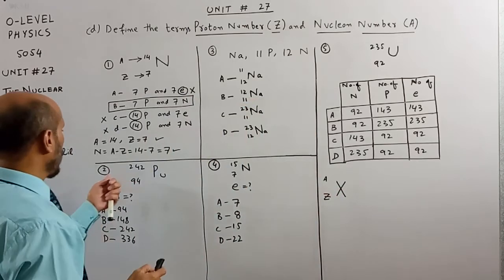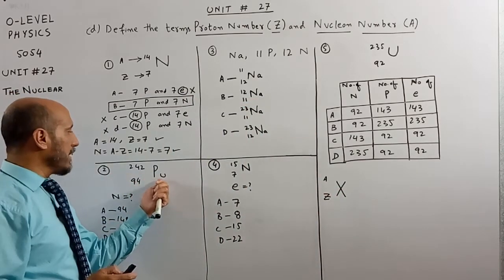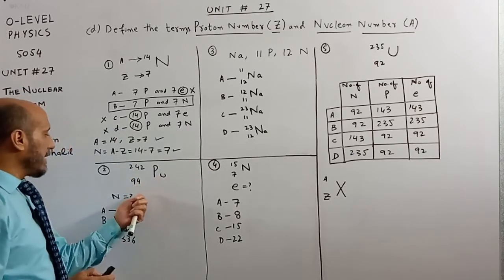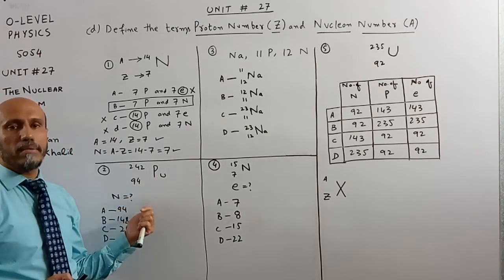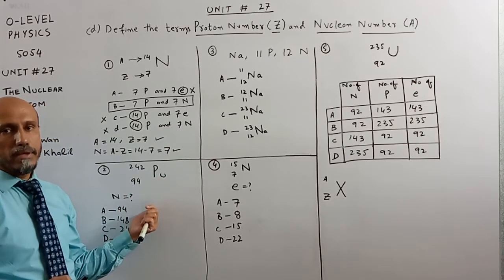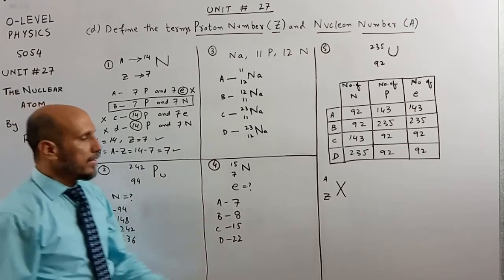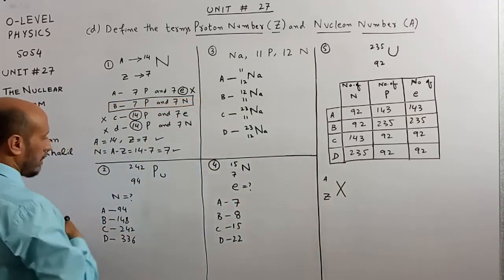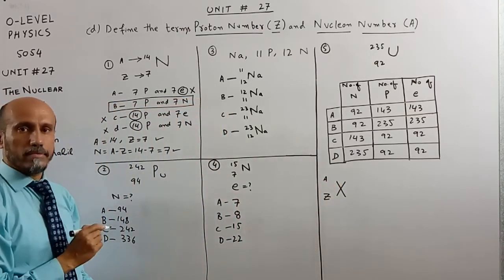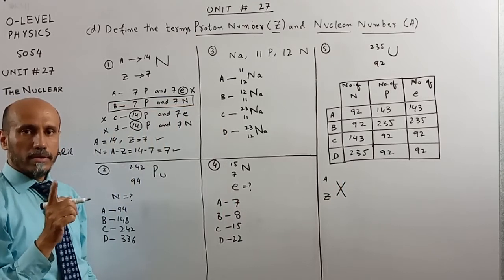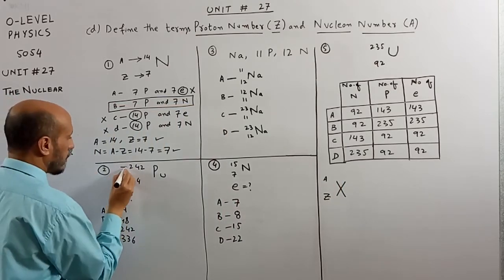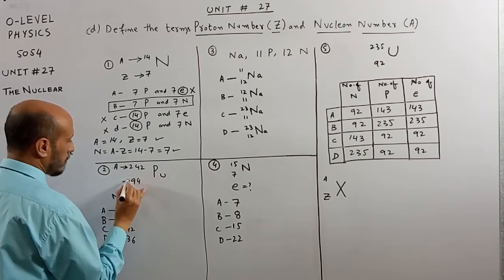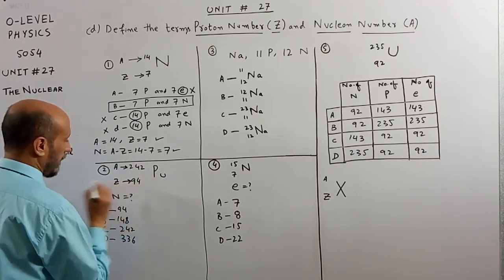Now in example 2, an atom of plutonium, 242 and 94, is given, and it is being asked how many neutrons there are. Again we will apply the basic formula, X, A and Z. Can you tell the value of A? The value of A is 242 and the value of Z is 94.